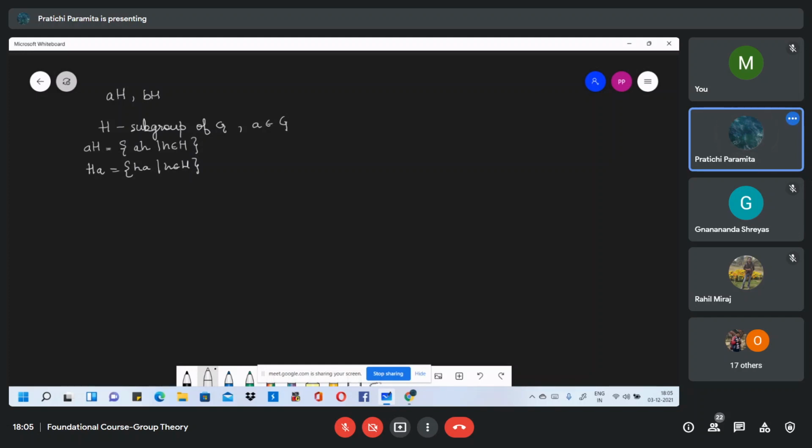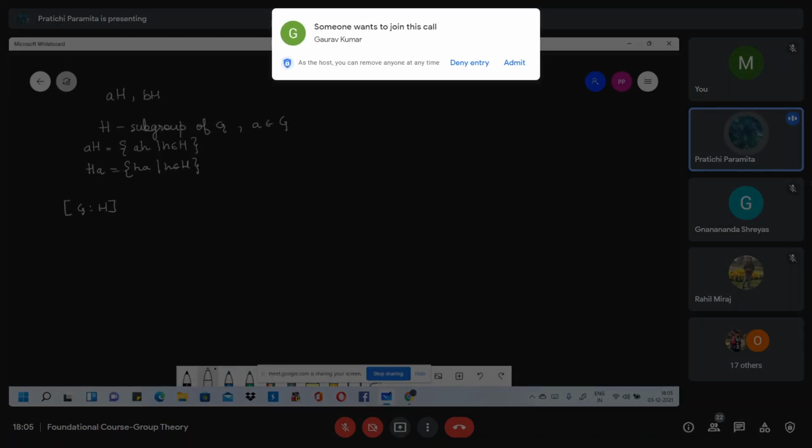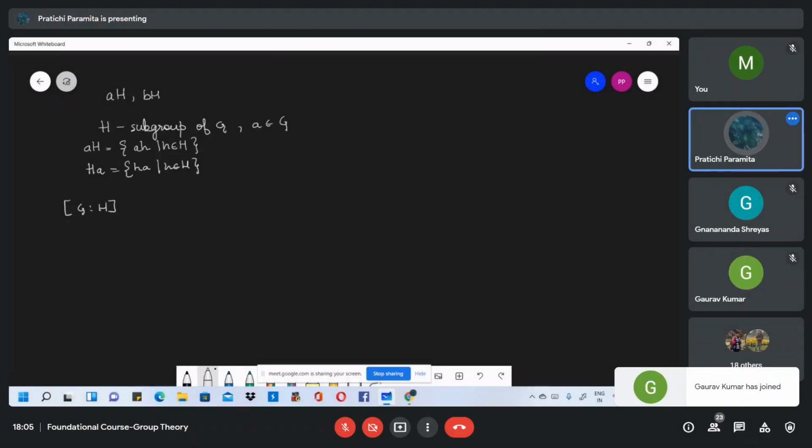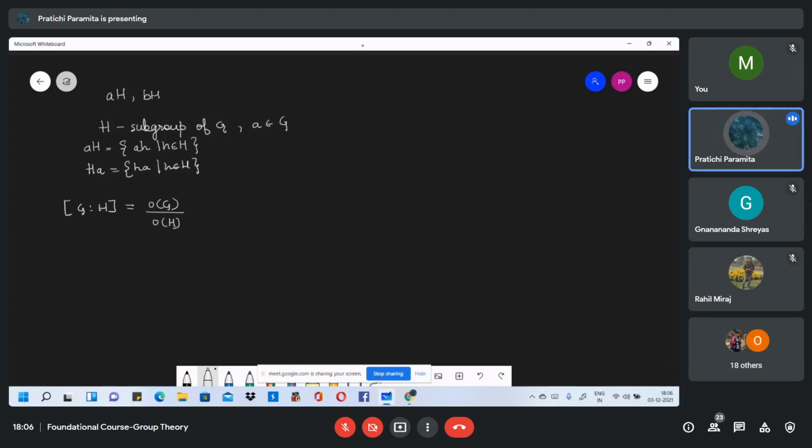Say H is a subgroup of G, then the index of H in G is the number of left cosets of H in G. If the cardinality of G is finite, that is, the number of elements in G is finite, then this index is nothing but order of G upon order of H. Order of G is the number of elements in G, and order of H is the number of elements in H. If it's infinite, then you simply say that it is the number of left cosets, or equivalently the number of right cosets of H in G.